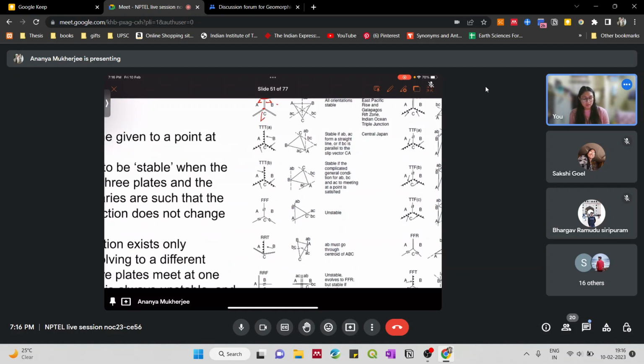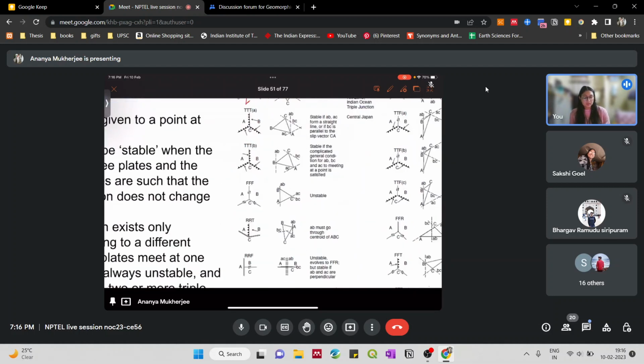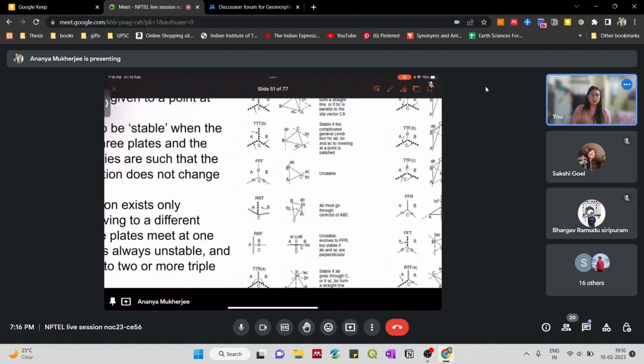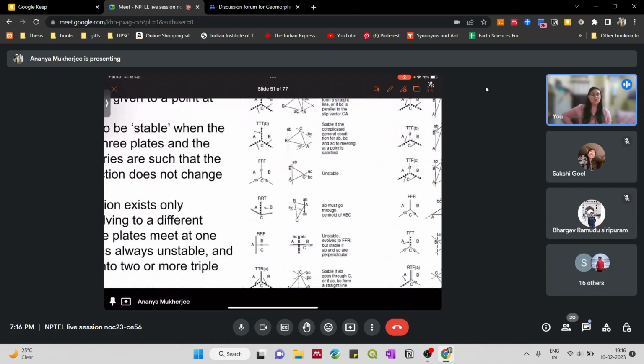okay. Now if we consider an unstable one, over here you have a fault. FFF means transform fault boundaries, okay. All three plates have transform faults between them. Why is this unstable? Because as you see, this is moving like this, this is moving like this. So slowly this will start drifting away from these plates.